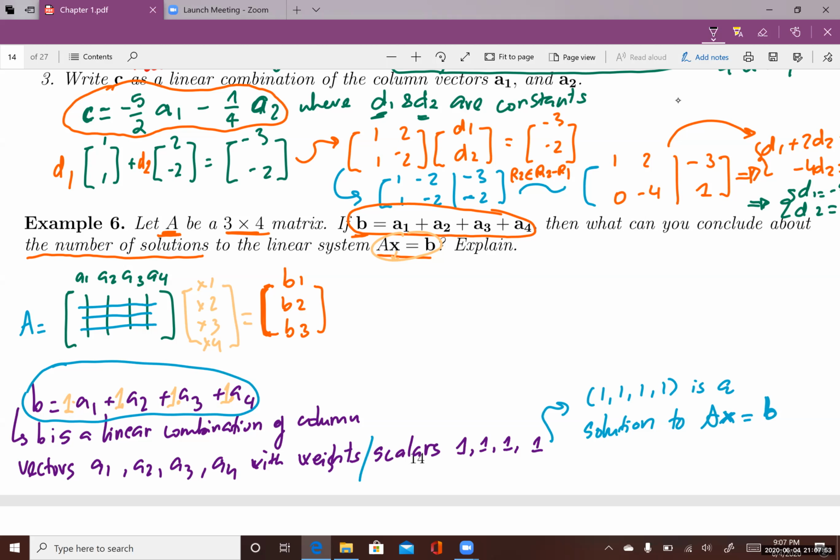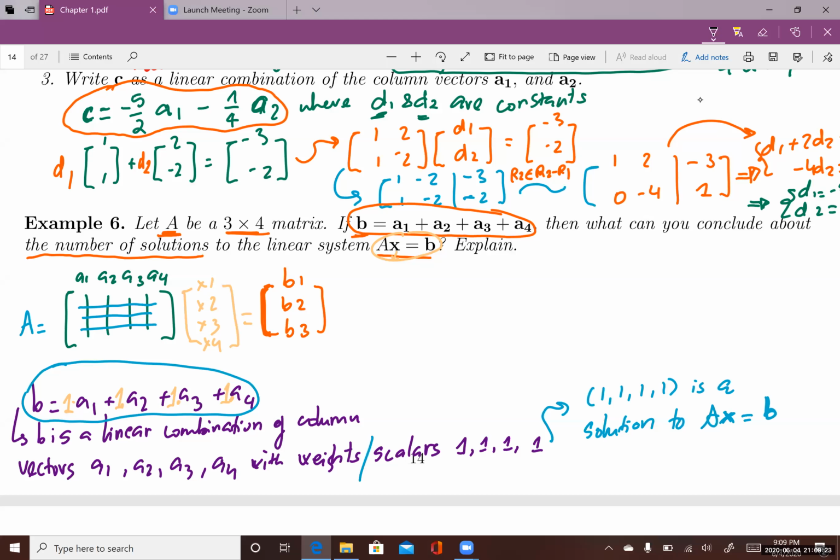Sometimes some systems can have infinitely many solutions. How do we know whether this system has only one solution or infinitely many solutions? So now we're going to analyze matrix A, right?